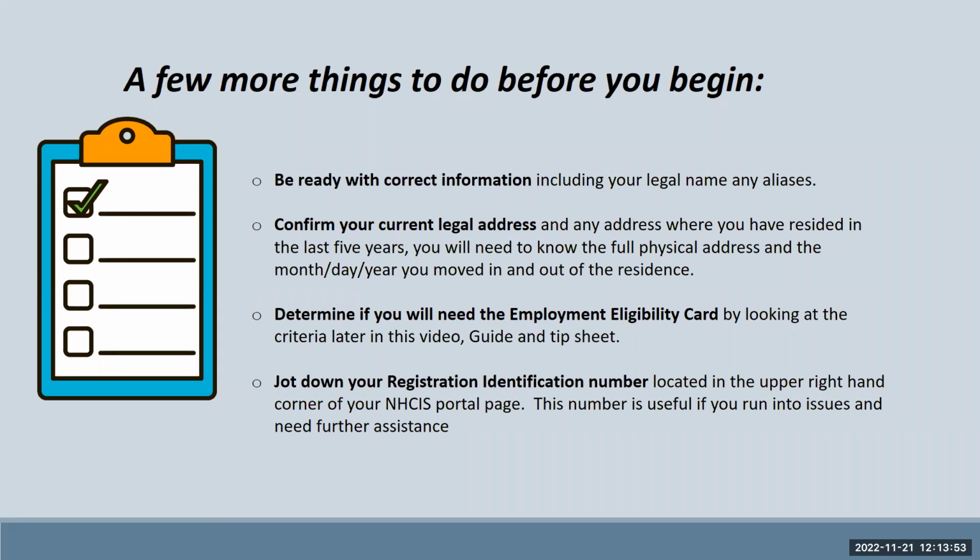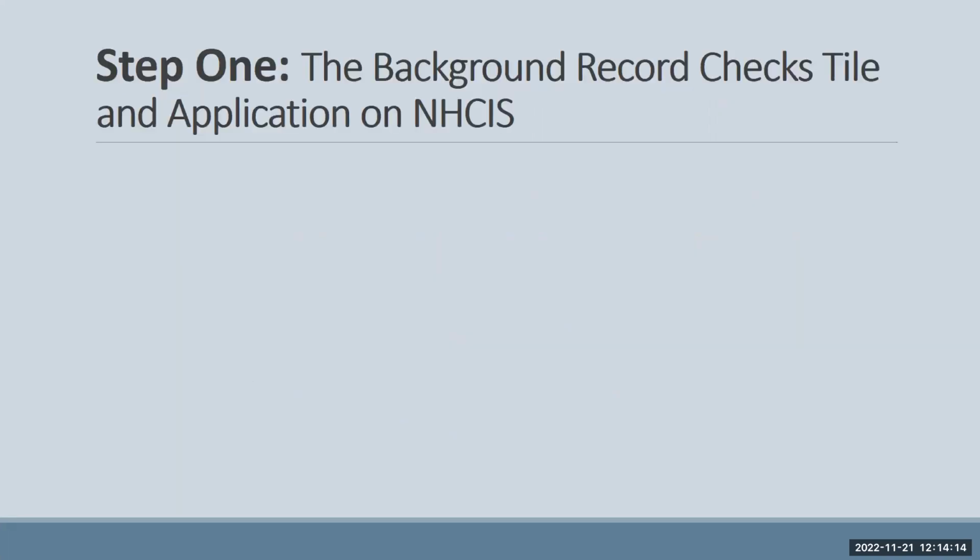Also, we recommend you jot down your registration identification number, which is going to be in the upper right-hand corner of your NHCIS screen. That will help the help desk and some of our other support team assist you if you need help with certain issues, particularly technological ones.